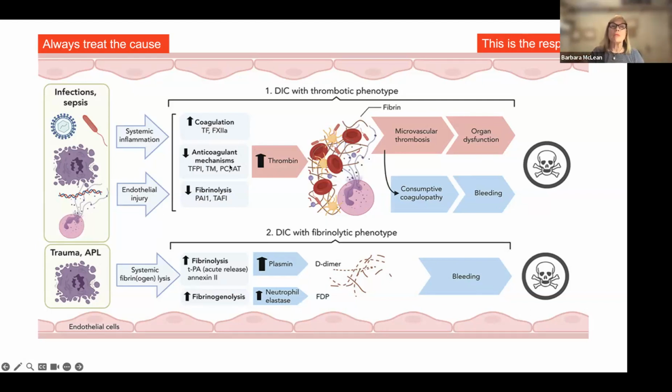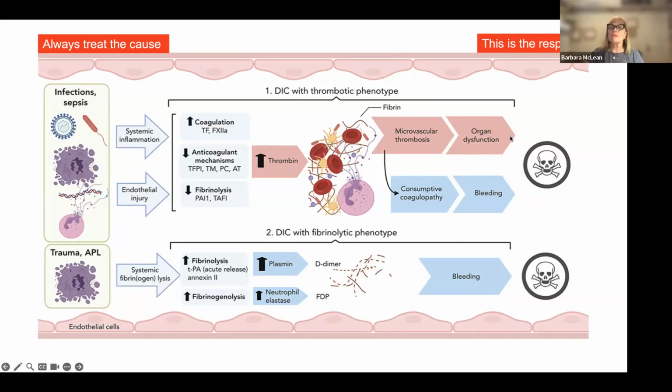Remember, I talked about already human recombinant activated protein C, that was Xigris. We also did a clinical trial for about a year using TFPI, using these anticoagulant mechanisms and supporting them, but you could support one, but all the others would be in constant state of flux. So we never really had very good results.